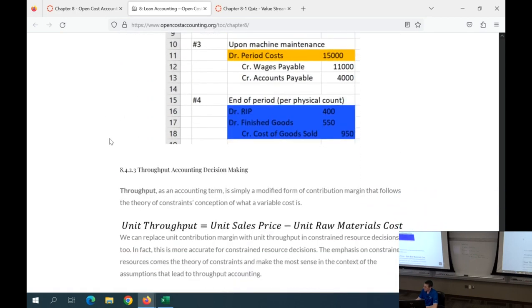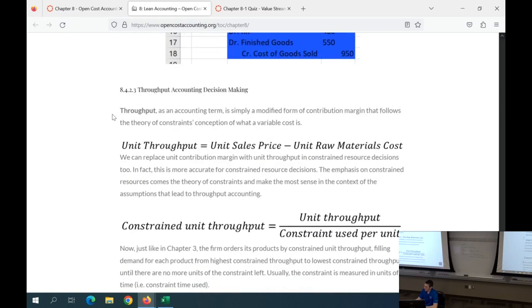And so what that means when we backflush is we're going to be even simpler. Remember, we went from raw materials, WIP, and finished goods to RIP, conversion costs and finished goods. What are conversion costs? What are the two things that go into conversion costs? Yep, direct labor and variable overhead.